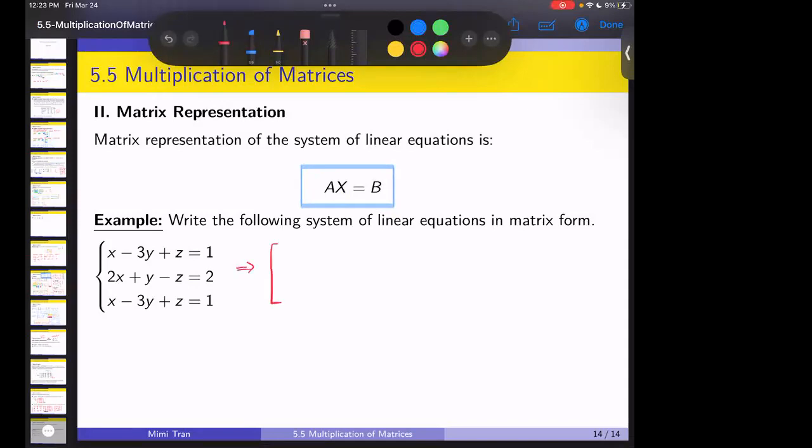So for example, this example right here, A will be what? 1, -3, 1, 2, 1, -1, 1, -3, 1. This is the coefficient matrix.